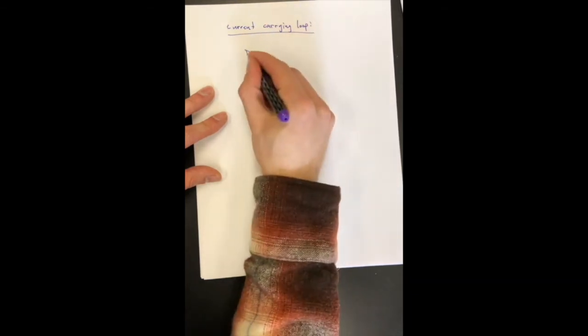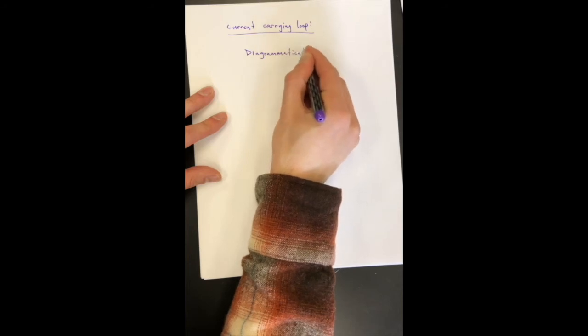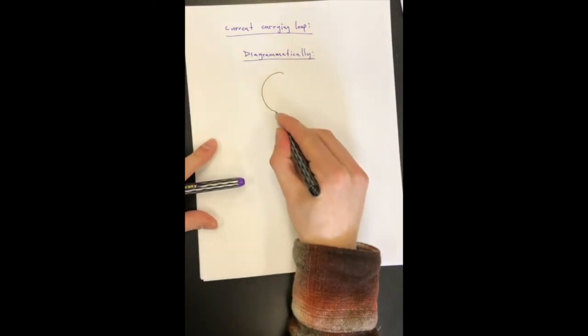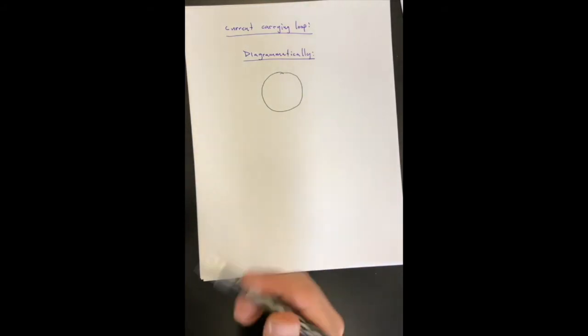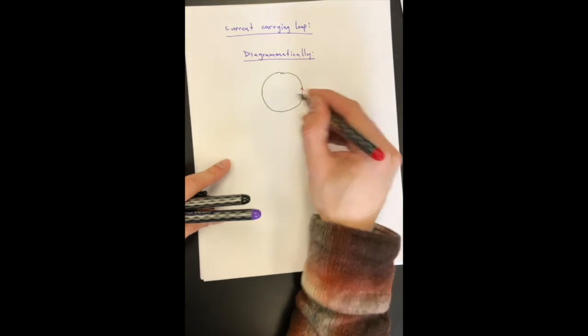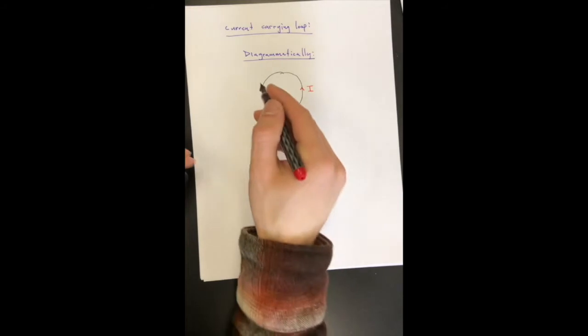We'll show you the diagram first. We can have our loop like so. It doesn't have to be a circle, but why not? And we could put some current going through this loop in a counterclockwise direction, because that's the way everything seems to go in the universe.